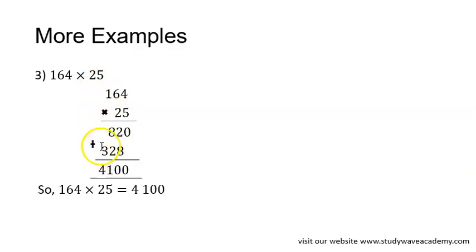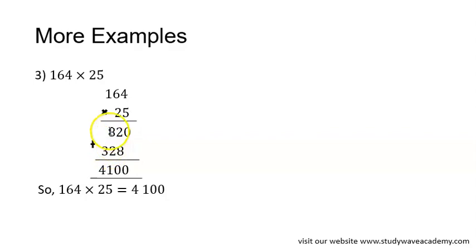Okay? Now, what do we do next? We add the two numbers together. So 0 plus 0 is 0. 2 plus 8 is going to give us 10. So we write 0 and carry 1, right? And 8 plus 2 is still going to give us 10.